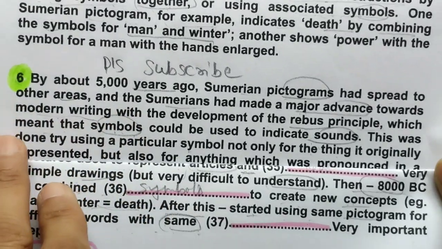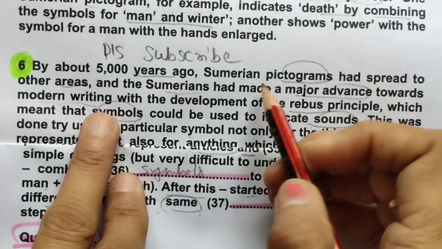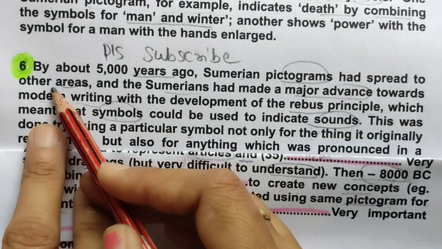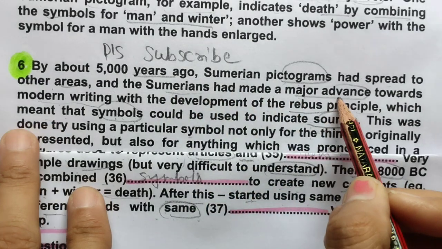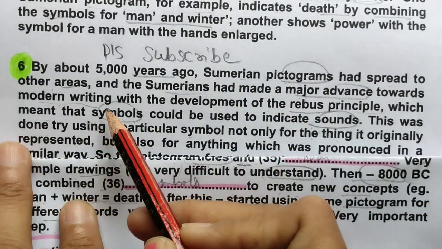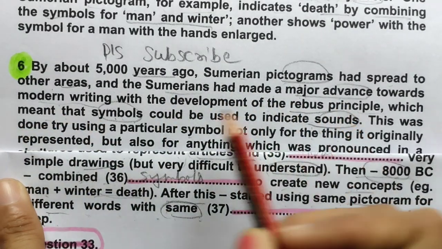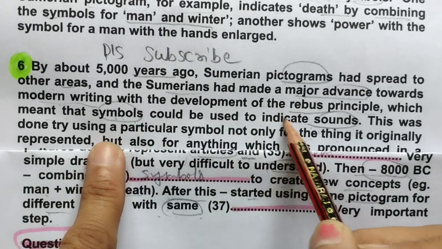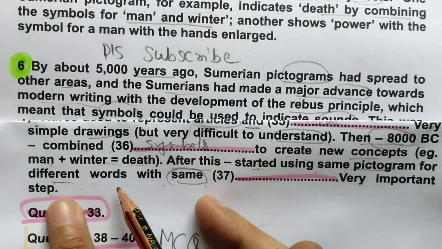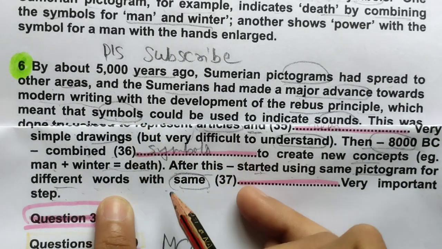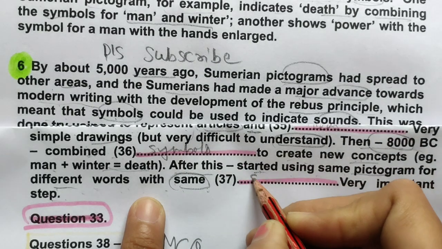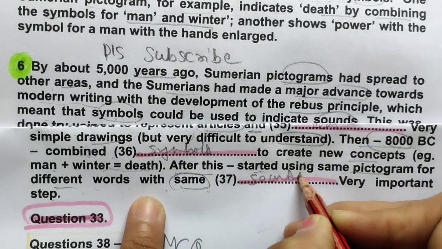Now this must be talking about Sumerian pictograms had spread to other areas and Sumerians had made an advance towards modern writing with the development of the principle, which means symbols could be used to indicate sound. Different words means symbols with the same sounds, I can use it.